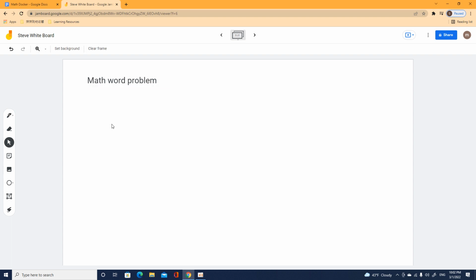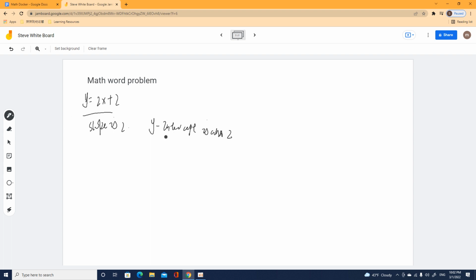Math word problems are very important. You can check out the SAT examination. In the SAT, they never directly ask you questions such as, for example, an equation that looks like this, where we know the slope is 2 and the y-intercept is also 2.